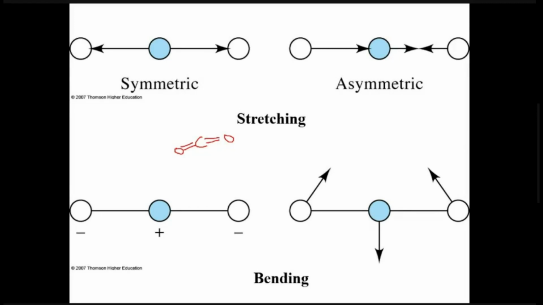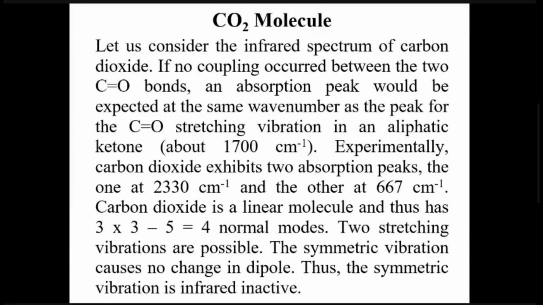Now let us consider the infrared spectrum of carbon dioxide. We have seen the molecule, now consider its spectra. I have not included the spectra here, but there are certain observations included in the description. If there is no coupling occurring between the two carbon-oxygen bonds, there are two carbon-oxygen double bonds in the molecule.